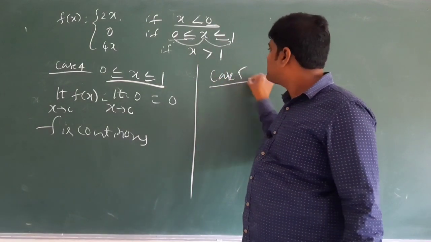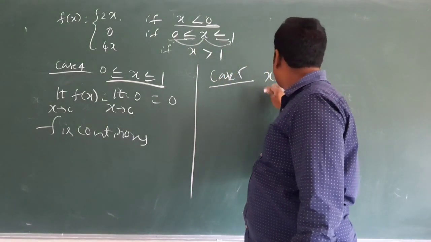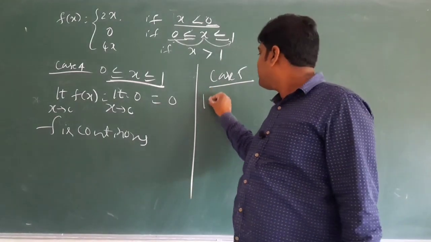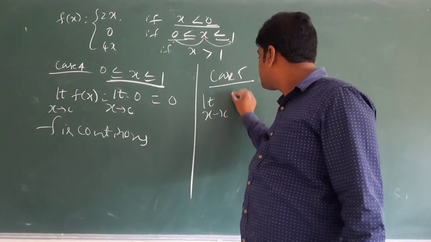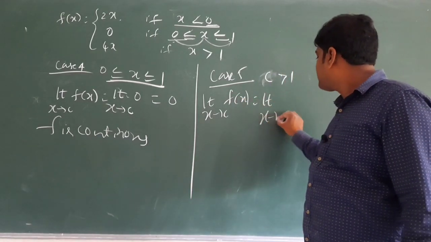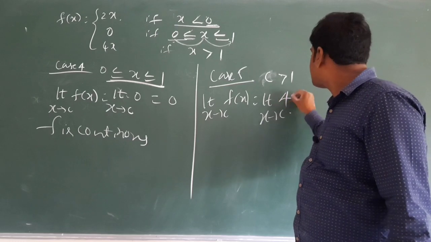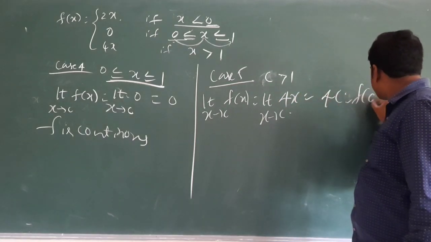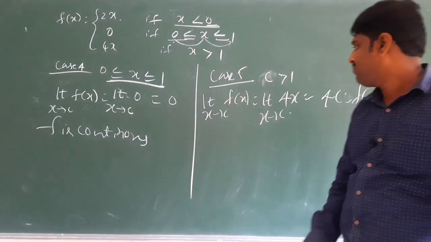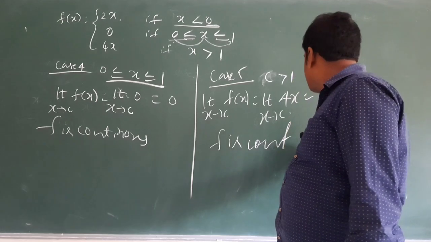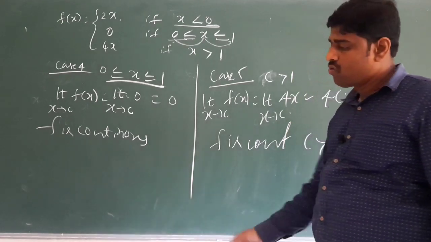Case number 5 is x greater than 1 or c greater than 1, both are same. That is limit x tends to c of f of x is equal to limit x tends to c of, what is f of x? 4x. Therefore, 4c. 4c is nothing but what? f of c. Therefore, f is continuous for c greater than 1.